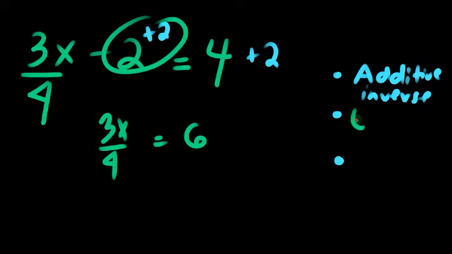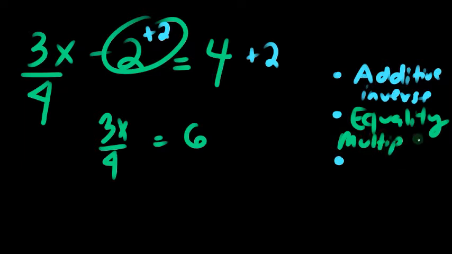And here we already used the property of equality, which is the addition. And now we have to use the multiplication property of equality, or the postulate.